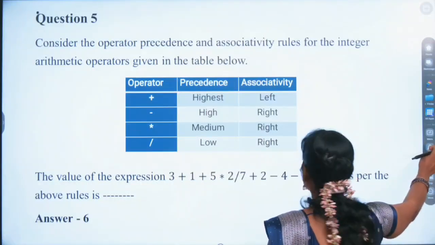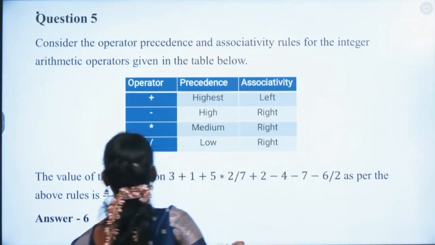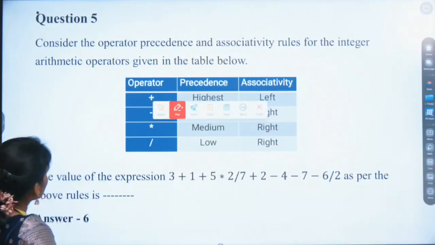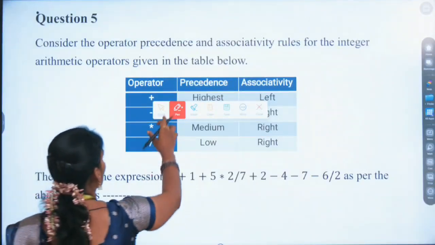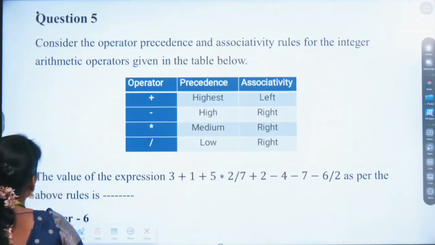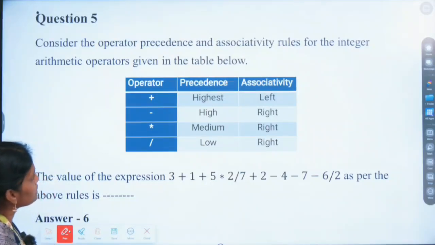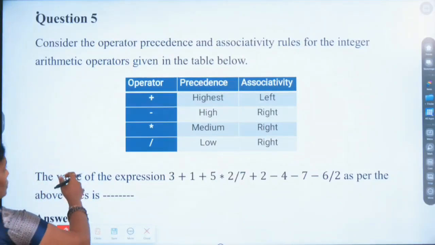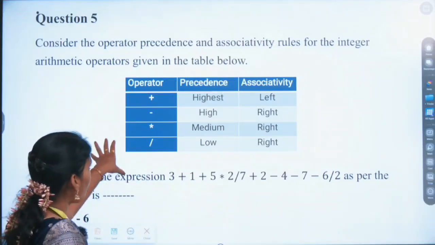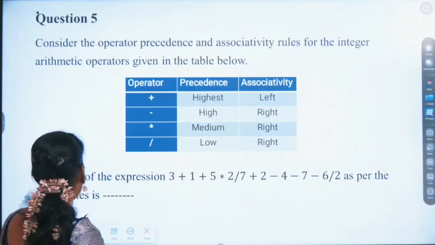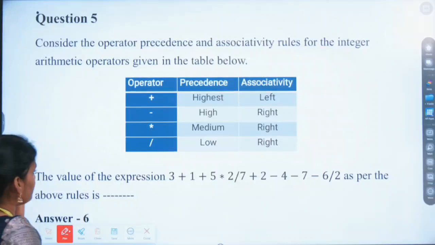The next question is, consider the operator precedence and associativity rules for the integer arithmetic operators given in the table below. They have given the table with the operator precedence and the associativity, and also the expression.